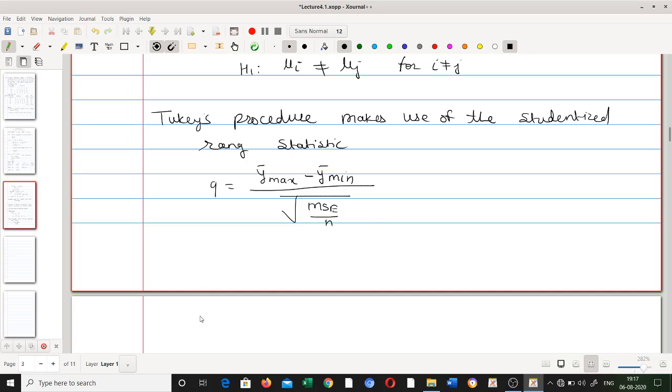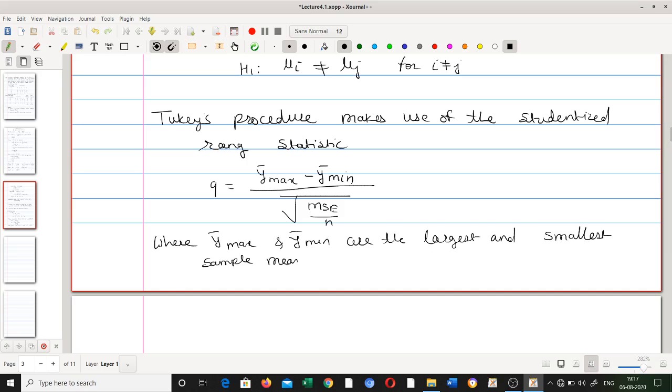Where y bar max and y bar min are the largest and smallest sample means respectively, out of a sample means.